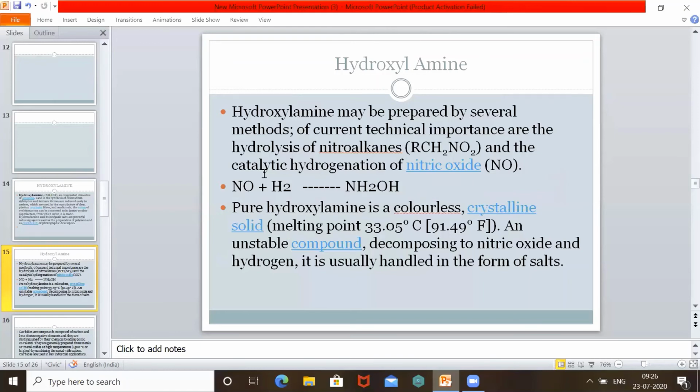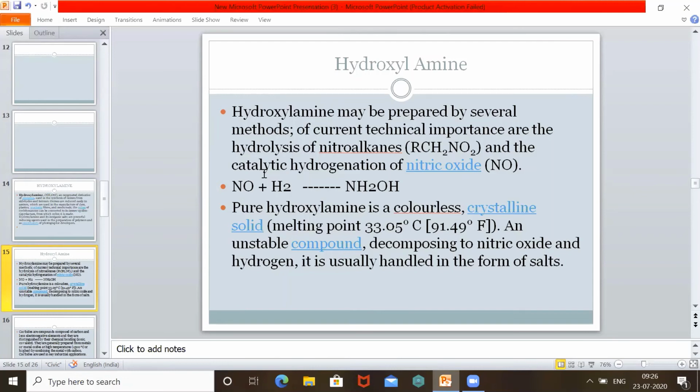Group 1 and 2 elements, lithium, magnesium, and beryllium, we have seen, form ionic nitrides. And interstitial nitrides form with most of the transition elements, vanadium, titanium, cobalt, nickel, copper, because transition elements have interstitial spaces between the atoms, and in those spaces, nitrogen can go and get accommodated.